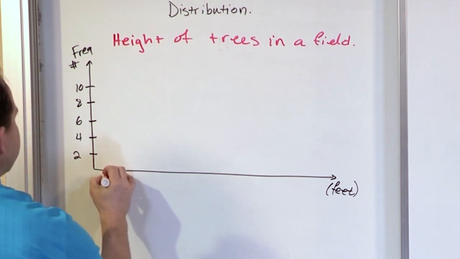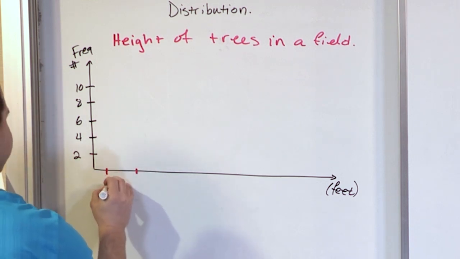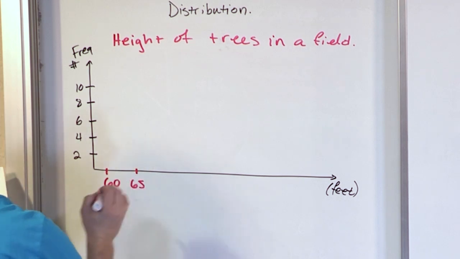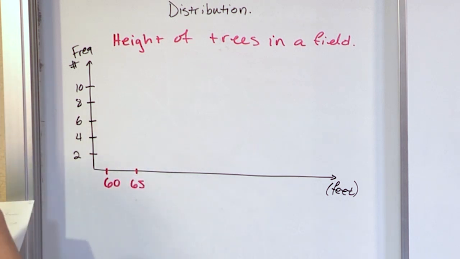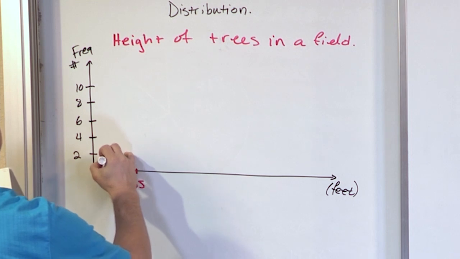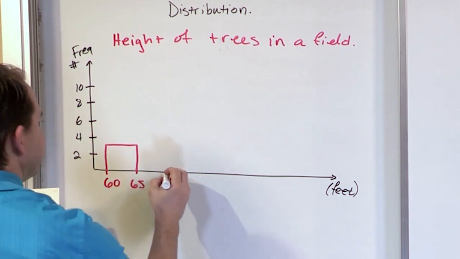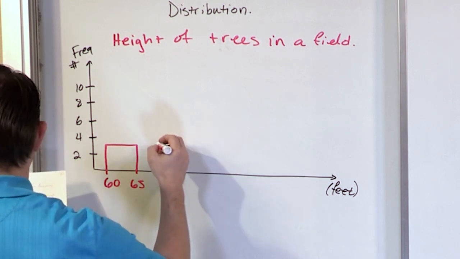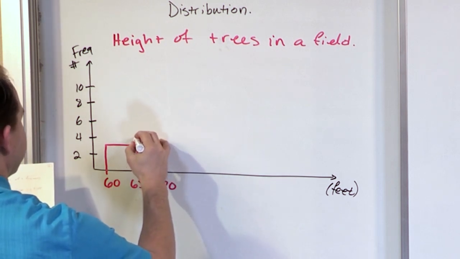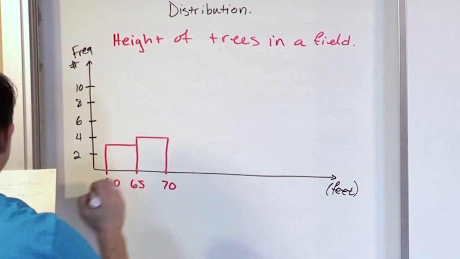Okay, so let's say that between 60 and 65, I got something like 3 trees I measured being in this range. And between 65 and let's say 70, I had 4 trees, so that would be that.